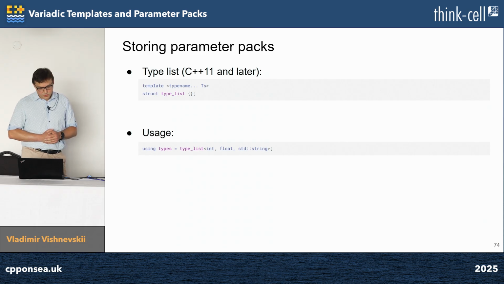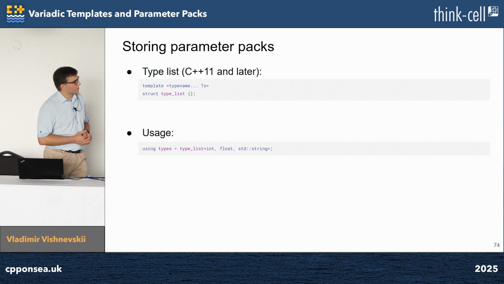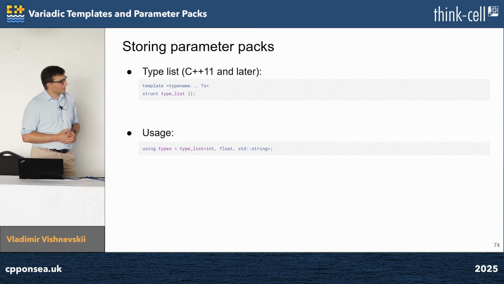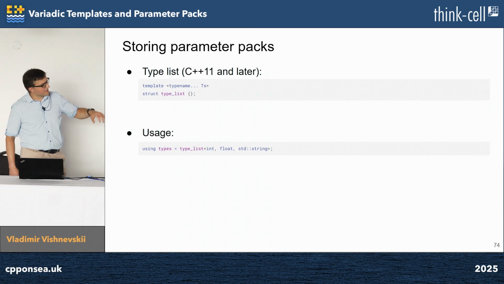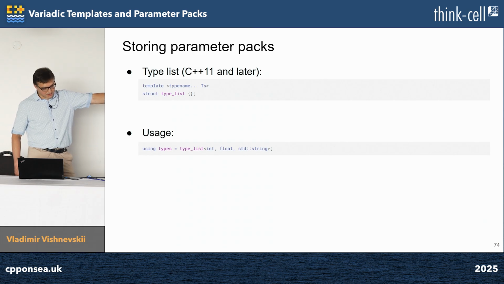And how we store the pack, we just actually instantiate this one with the pack. And if we just create an alias where the pack is used, here just explicitly we use some set of the items, some set of the types. This would be our type list, and that list of types there internally then will be our pack that we will store.